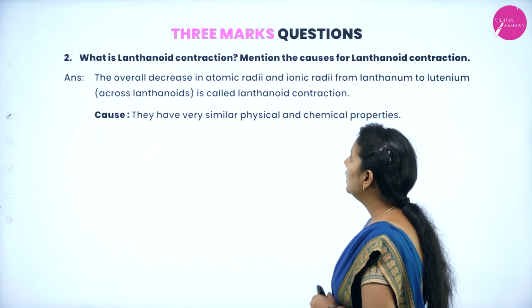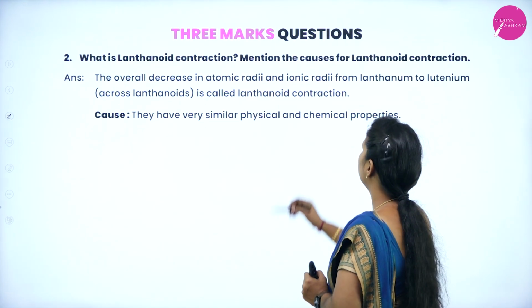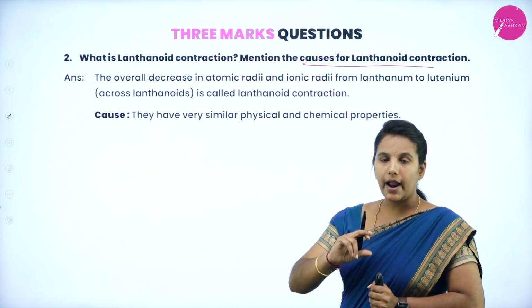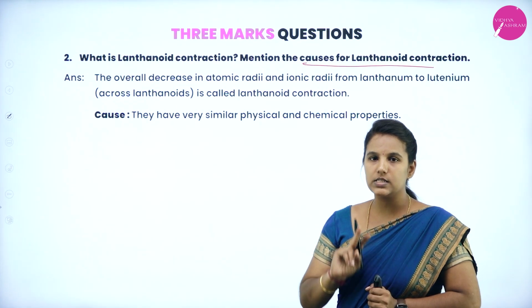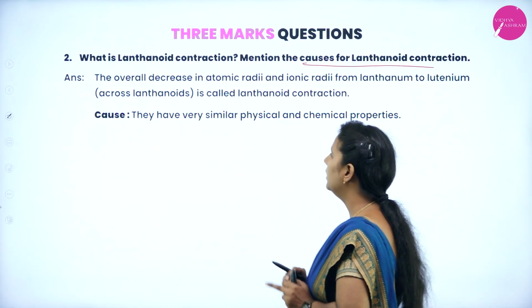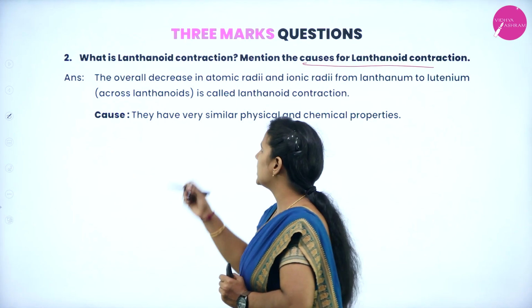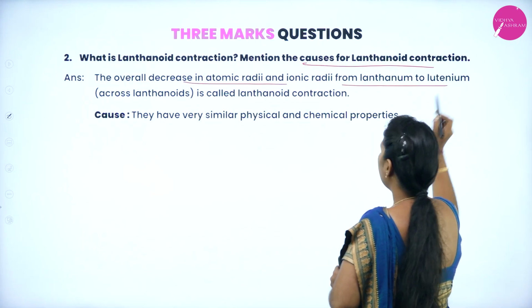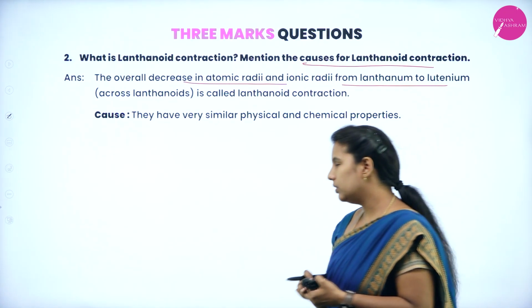Next question. What is lanthanide contraction? Mention the cause for the lanthanide contraction. Writing the correct statement with 1 cause, you will get 3 marks. We know that lanthanide contraction is nothing but a decrease in atomic radii or ionic radii from lanthanum to lutetium.